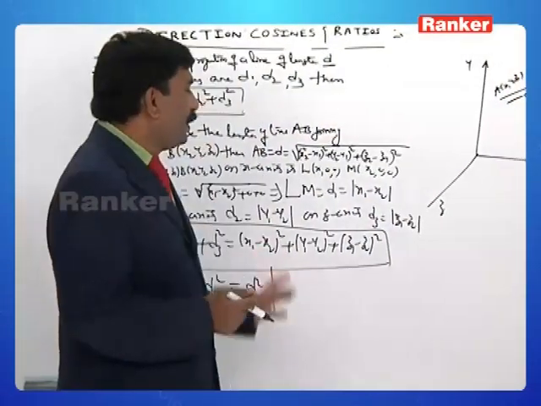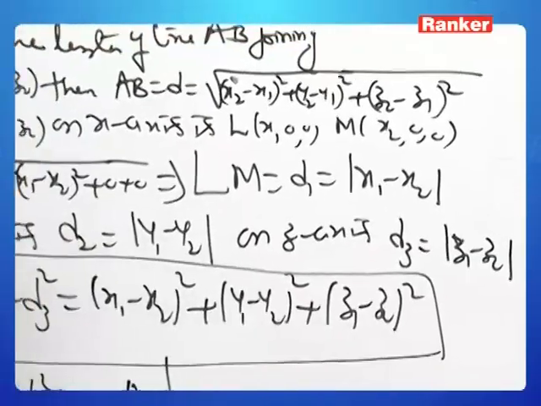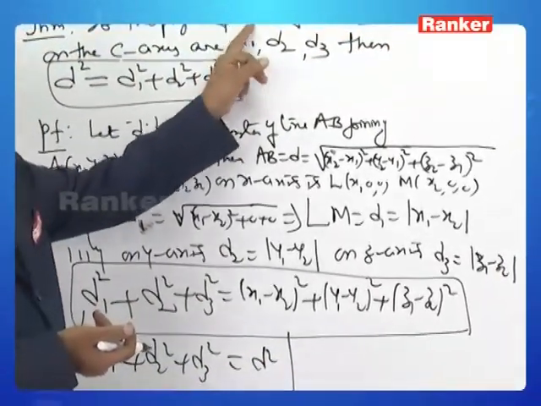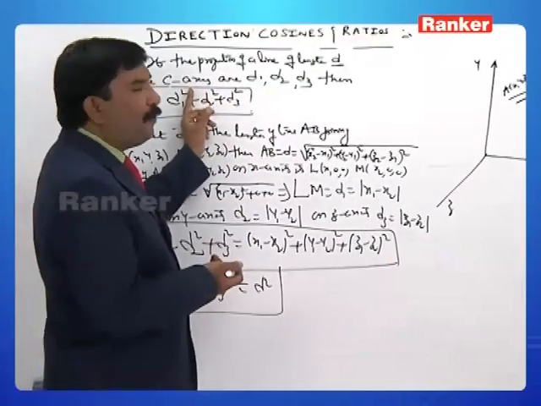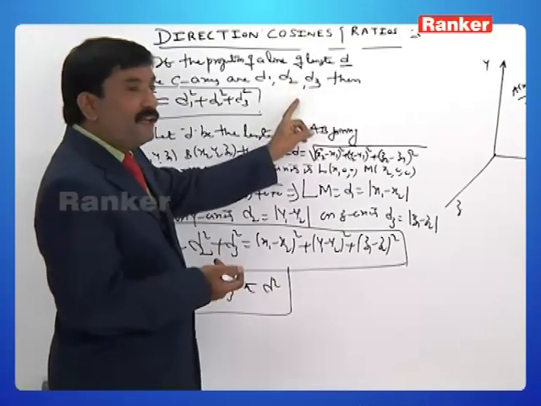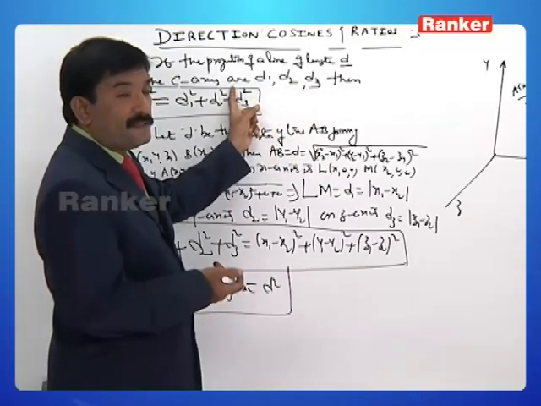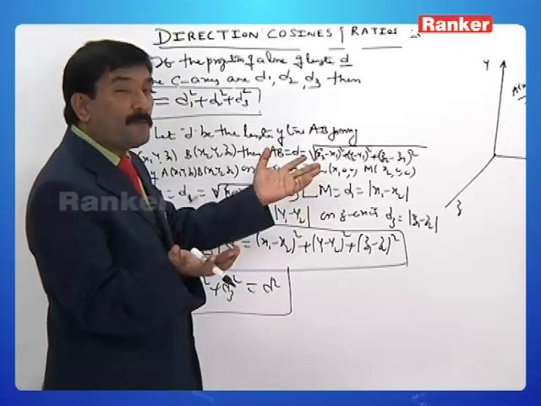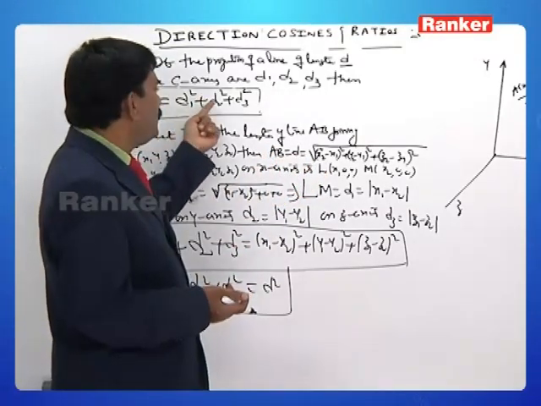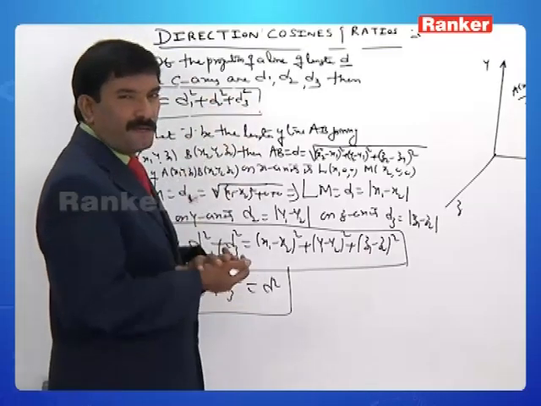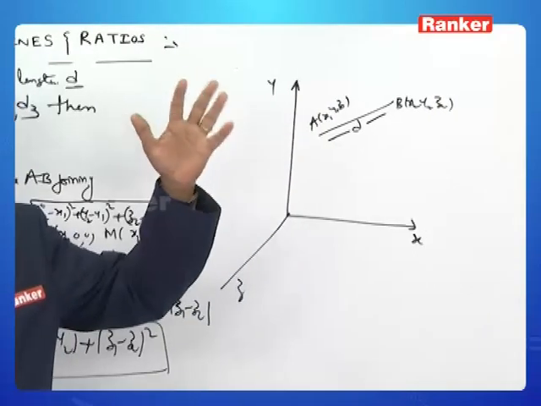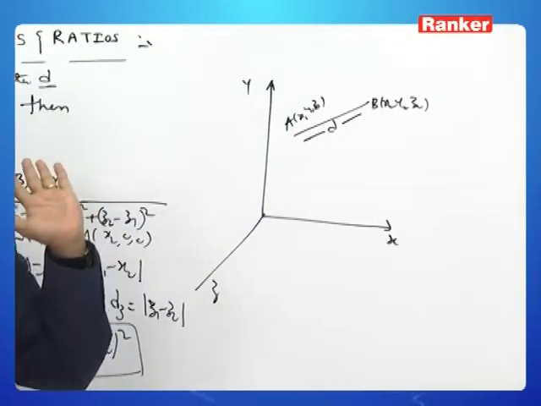So remember, this is one of the important properties. What is that? If the projections of a line of length d on the coordinate axes are d1, d2, d3, then d square is equal to d1 square plus d2 square plus d3 square. Now once again, let A of x1, y1, z1, B of x2, y2, z2 be the two points.